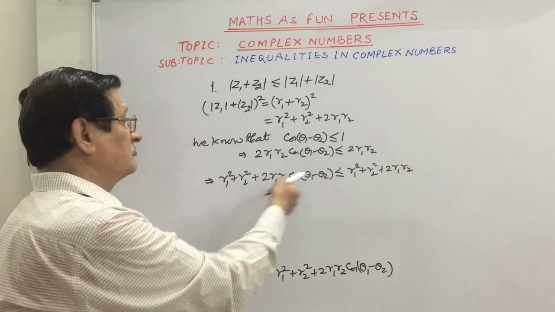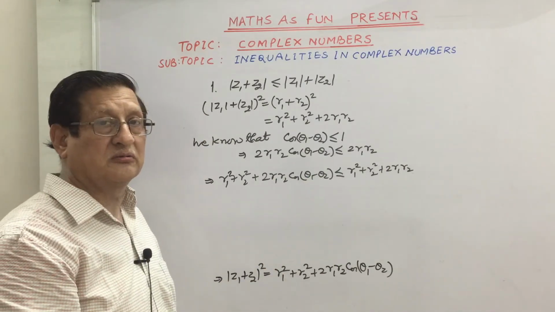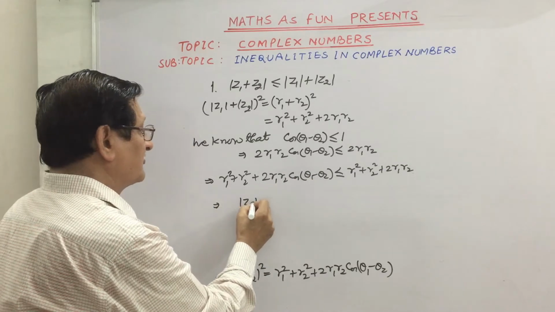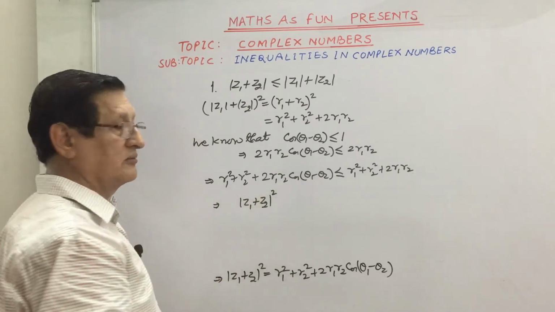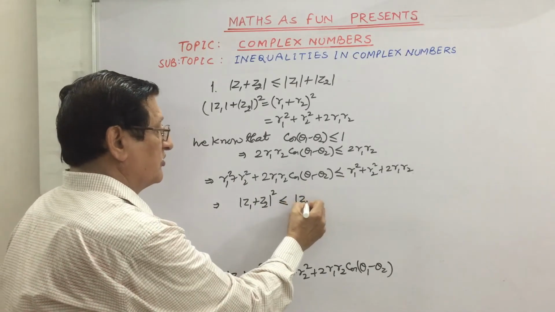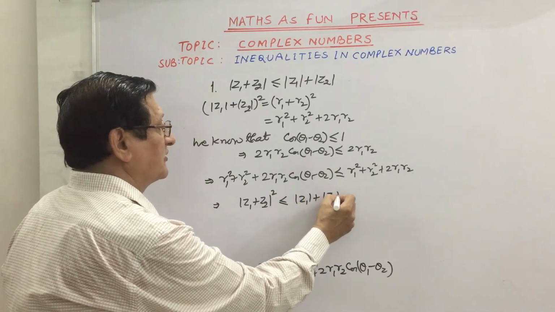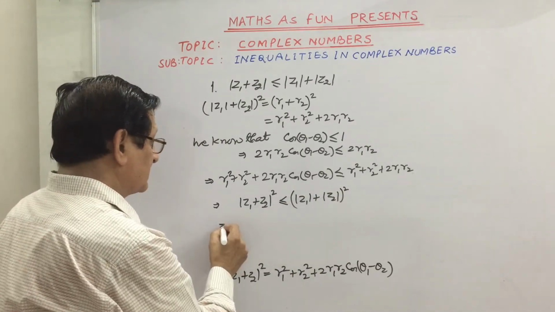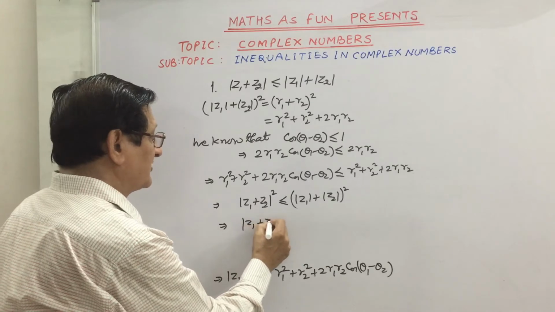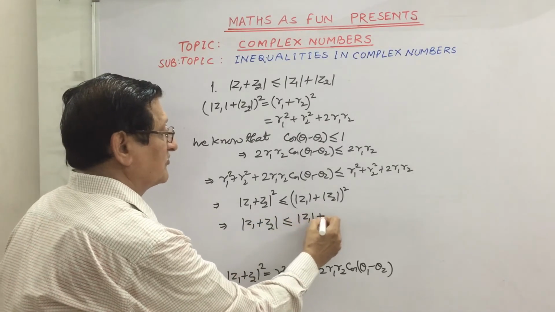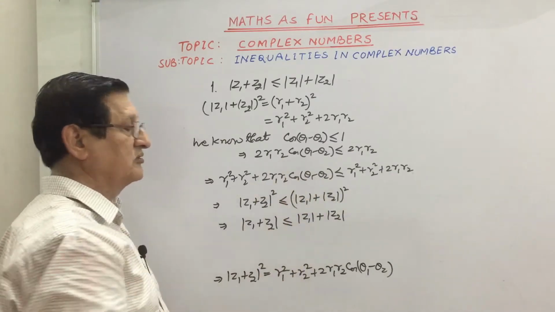We are adding r1 square plus r2 square on both the sides. This is what? This is |z1 + z2| whole square. And this is (|z1| + |z2|) whole square. And if the square is less, can we say that |z1 + z2| is less than or equal to |z1| + |z2| or not?